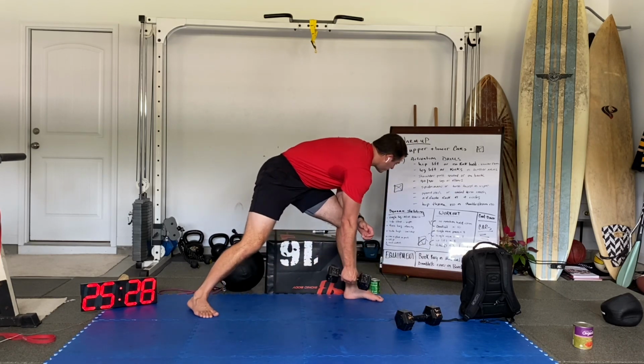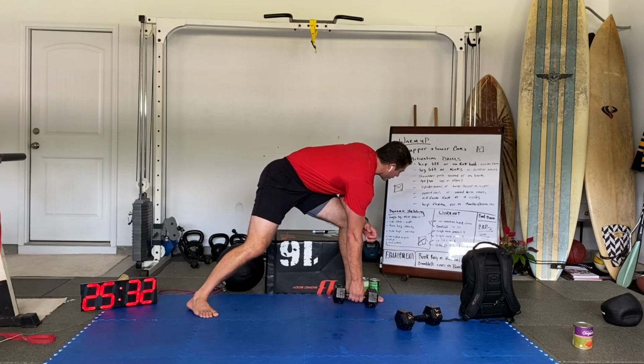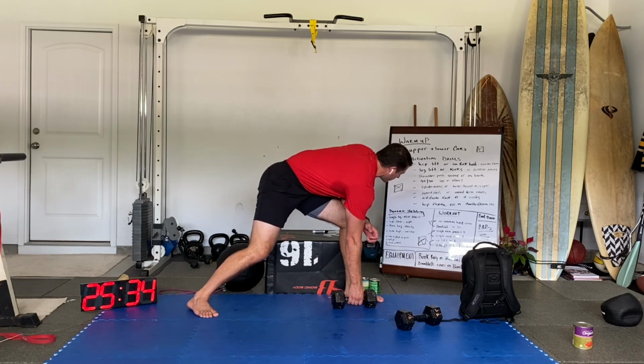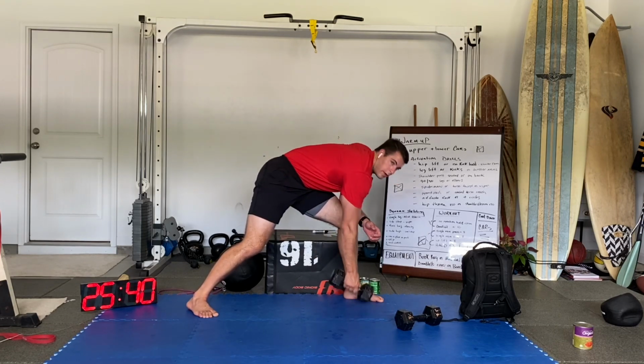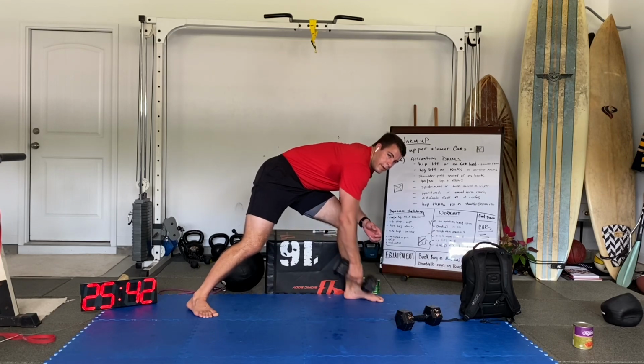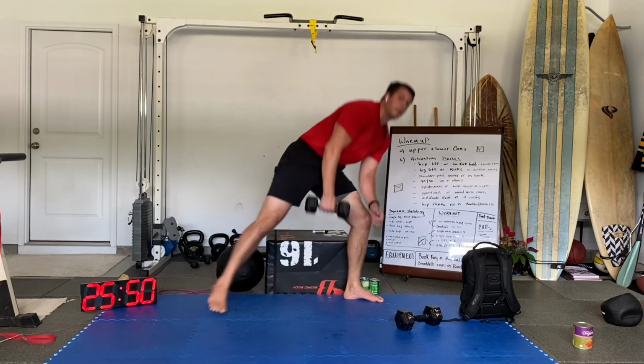Otherwise, we're going to go into that split stance position. We're going to row from the ground. We're going to go for 8 each side, and here we go. 1, tap, 2, 3, all the way down, all the way up, 4, 5, nice and slow, 6, 7, and 8. Go ahead and switch sides.